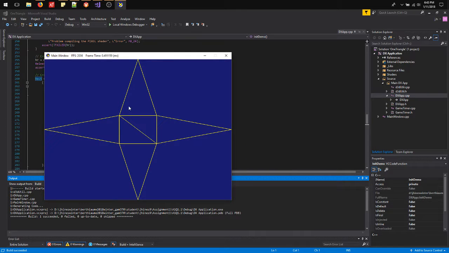So here you can see that it would start at the top and go to this one and go to this one, because we set it as counterclockwise.